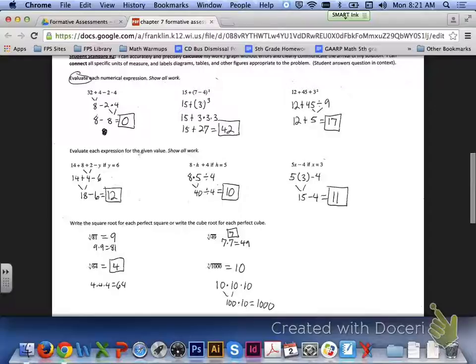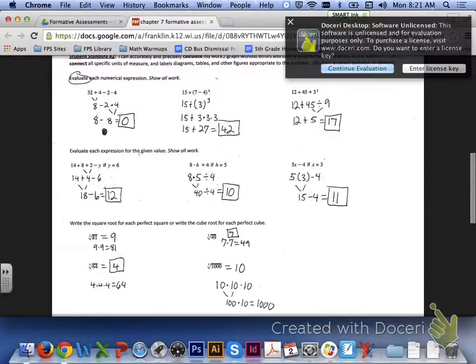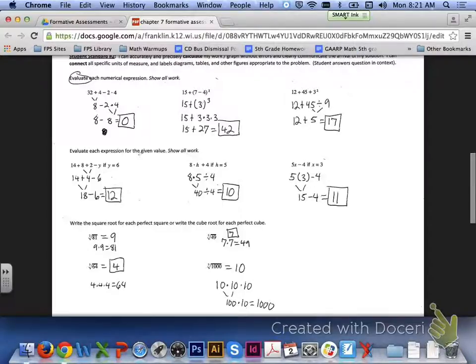So you're cubing everything in the grouping symbols, which would be the 3 that was the result of your subtraction. And 3 multiplied by 3 multiplied by 3 equals 27, and 15 plus 27 equals 42. The next problem, 12 plus 45 plus 3 squared.